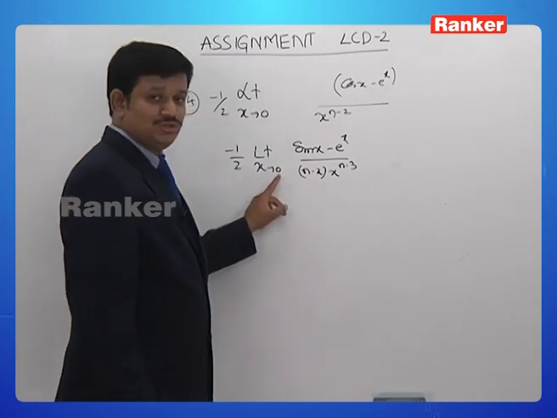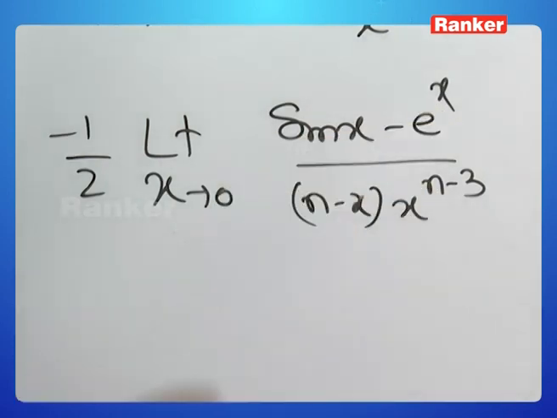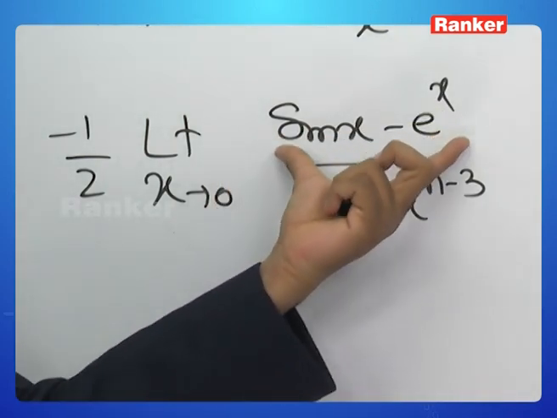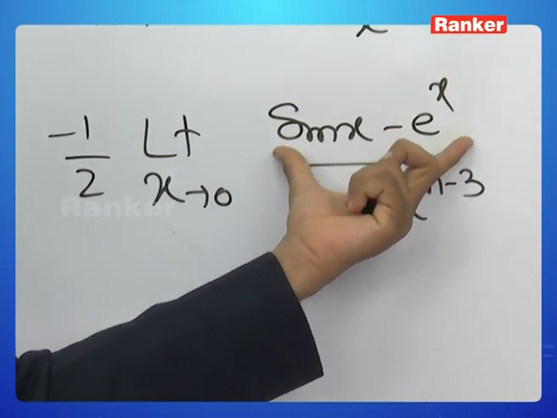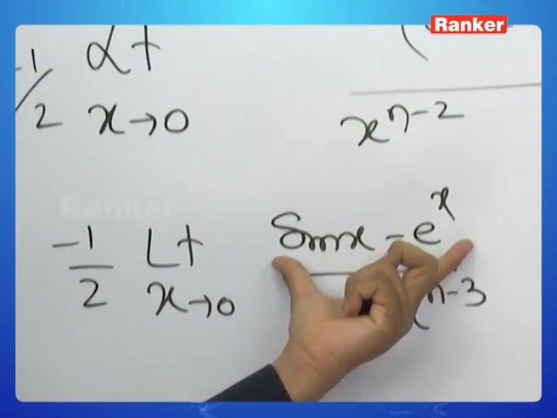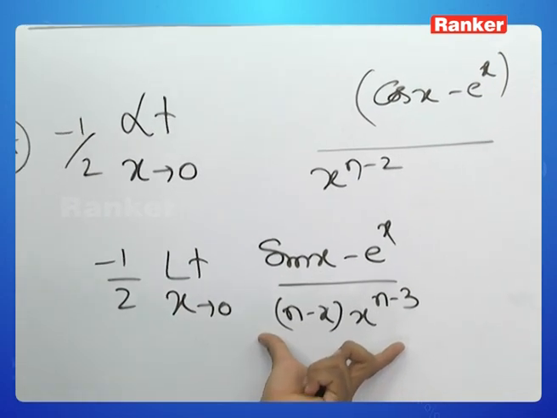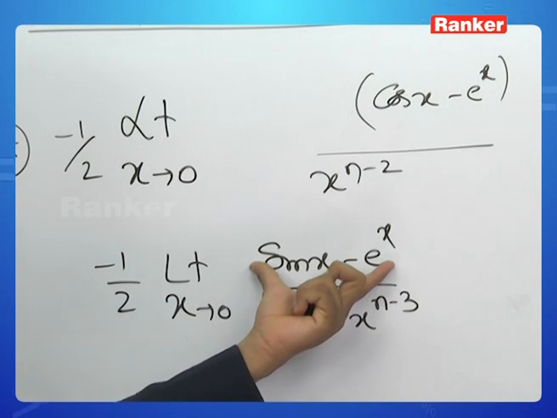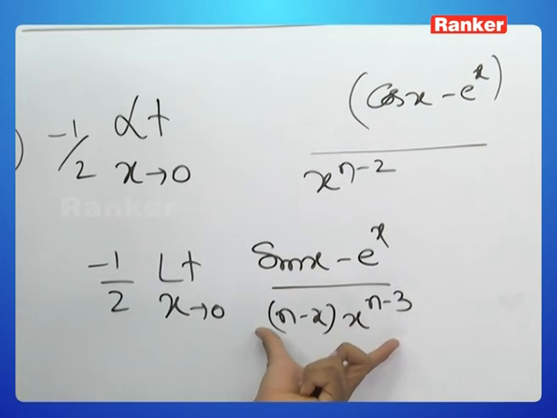Observe, as x tends to 0, sin x tends to 0, e power x tends to 1. So the numerator tends to minus 1. As the numerator is finite and non-zero, for the limit to exist and be finite, the denominator should also be non-zero.